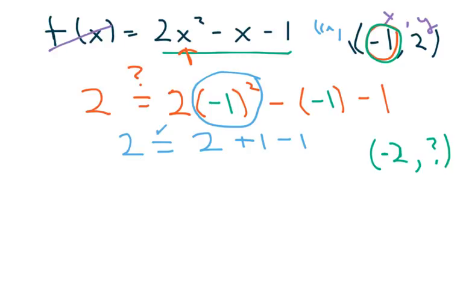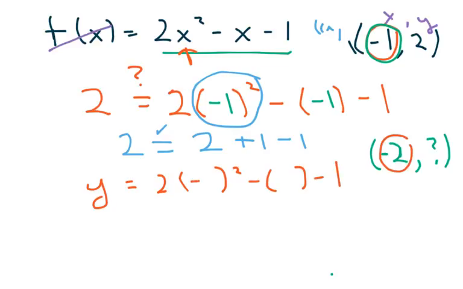We're going to say y equals 2, and I'm going to put parentheses everywhere there's an x, and I'm going to dump in -2 and evaluate, and we're going to get 4 times 2 is 8, plus 2 minus 1, and so that's going to equal 9. So y equals 9.